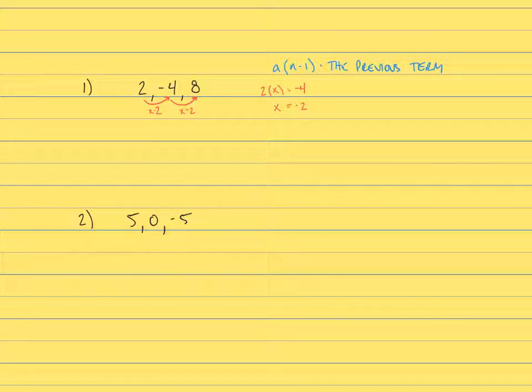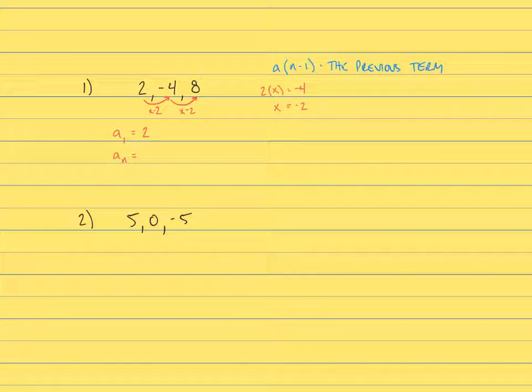So we're going to define our recursive sequence always by just stating that our first term, we'll call our function a, first term is 2. And then the second part of our recursive definition says that if I want the nth term, and then it tells me what I need to do to get that nth term. So remember, we're saying that in this sequence, in order to find any term I want, I just have to take the previous term and multiply it by negative 2.